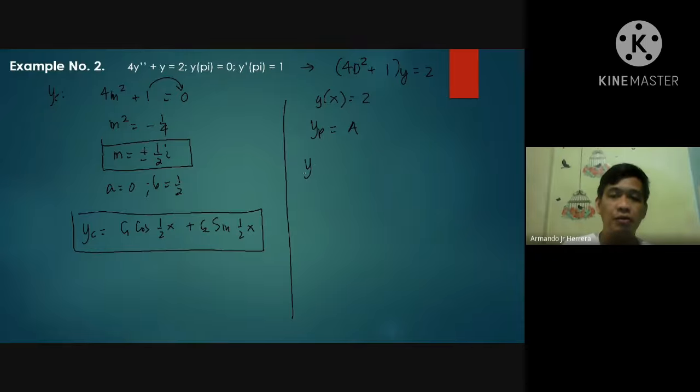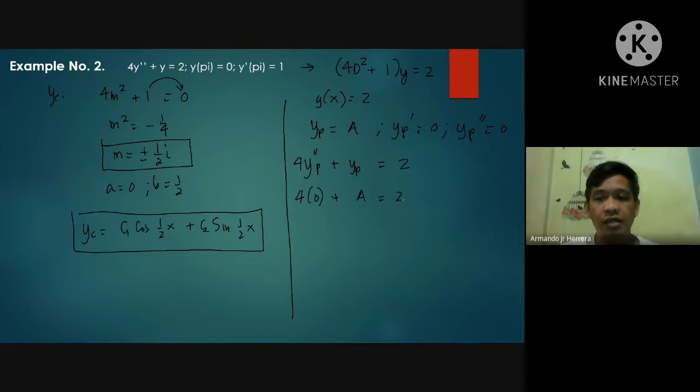Then from our given, that's 4y double prime plus y is equal to 2. So solving for yp, yp prime is 0, then yp double prime is also 0. So 4 times 0 plus yp, which is a, is equal to 2. Then the value of a is equal to 2.